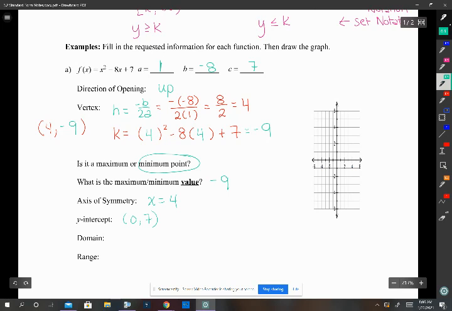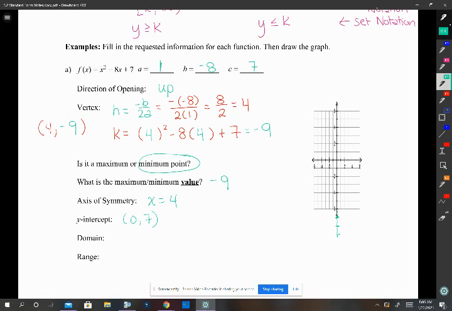Now we're going to take all of those and we're going to graph them. We're going to come over here and graph our vertex, which is 4, -9. That's kind of squishy. Let's see, 1, 2, 3, 4, 5, 6, we're going to have to extend this, 7, 8, 9.